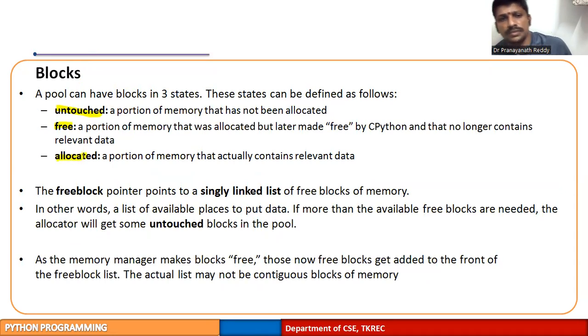Allocated, I told you, right? That has been there. Free means memory has been allocated and deallocated. Untouched means not yet allocated. Okay. So the free block pointers point to a single linked list. Means you're going to go from top to bottom, not in the reverse direction.